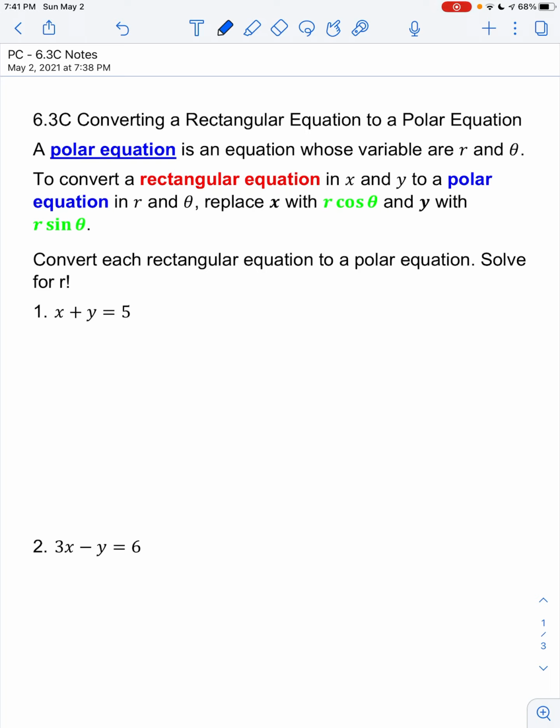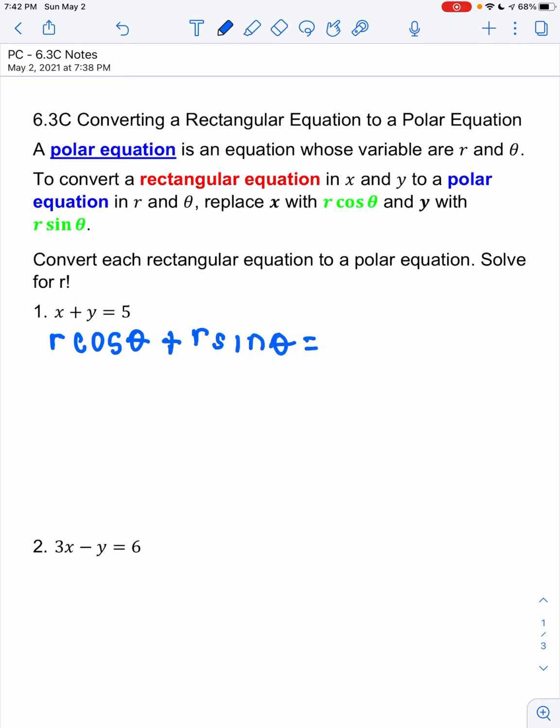The first one, we are given the equation x plus y equals 5. I hope you recognize that as a linear equation, especially if we solved it for y. What we're going to do, though, is replace x and y here, as I said, with r cosine theta, and then y with r sine theta.